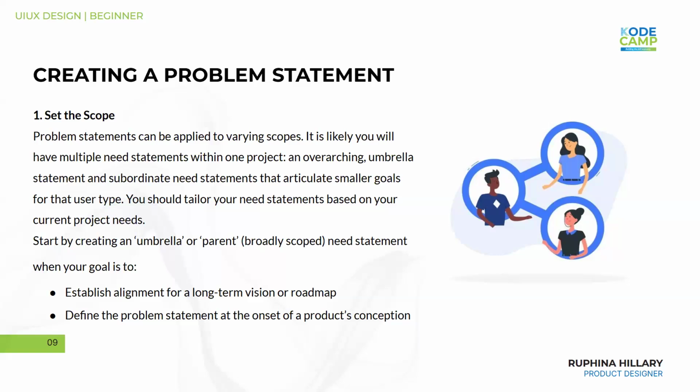In focusing on specific features, because we have gotten a lot of complaints, people complaining about this, people complaining about that, instead of narrowing it down to just one, two, three different problem statements, create an umbrella or parent problem statement first before you start creating subordinate problem statements.